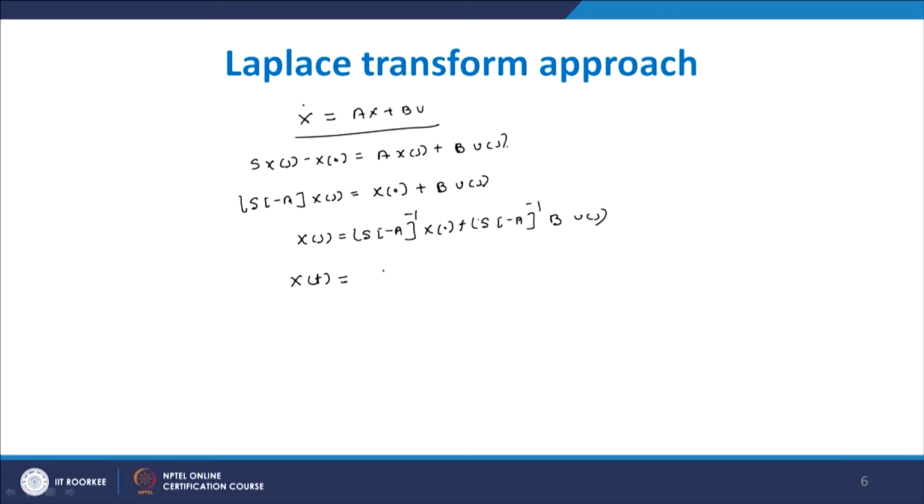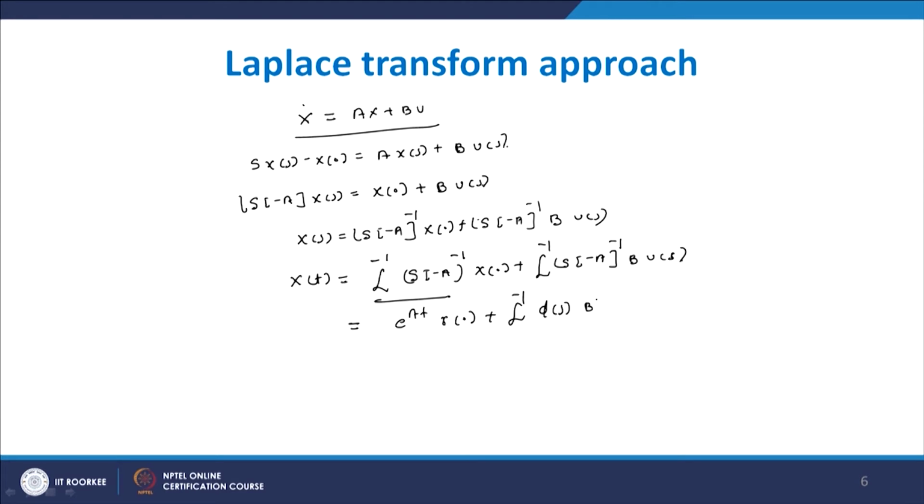So, we can get it as x of t equal to Laplace inverse of (si minus a) inverse x naught plus Laplace inverse of (si minus a) inverse b into u of s, and here we can write down this as e raised to at into x naught plus Laplace inverse of phi of s into b u of s, that is here it can be as phi of t into x naught plus Laplace inverse of phi of s b into u of s.